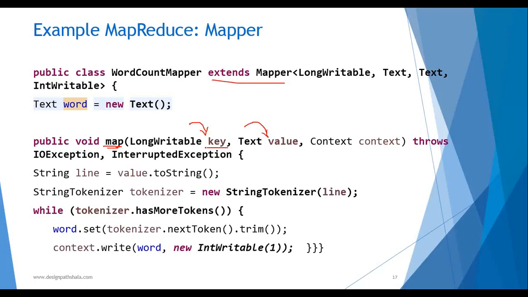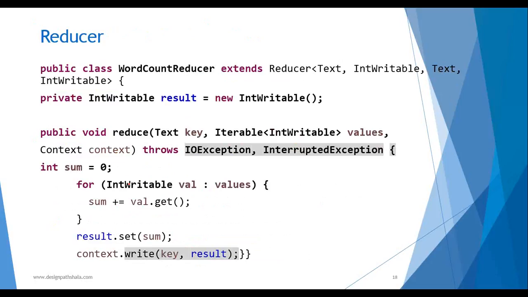You will just ignore the key, but on the value side, I'm tokenizing the value and producing each word from it. For each word, I'm producing the word as a key and one as a value. What is this IntWritable? What is this Text? I'll talk about those things also in some time.